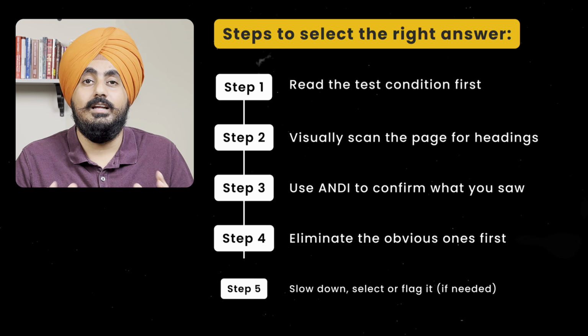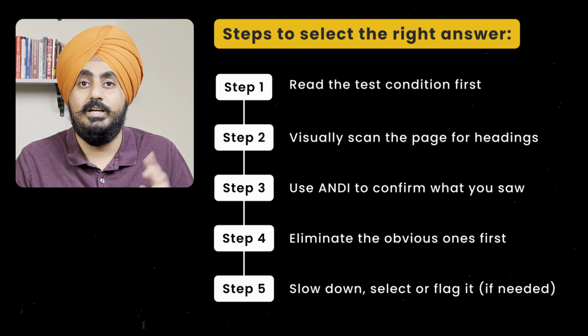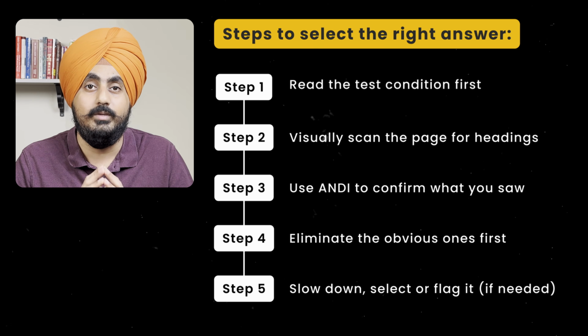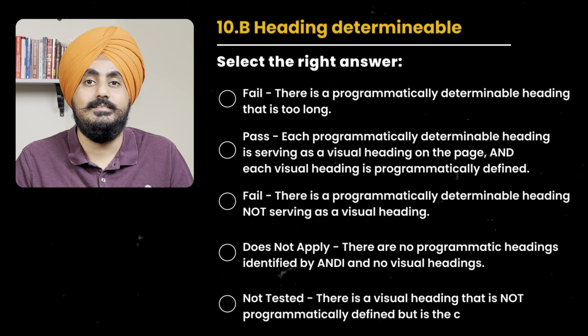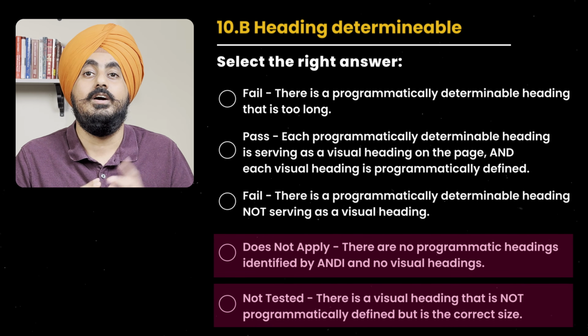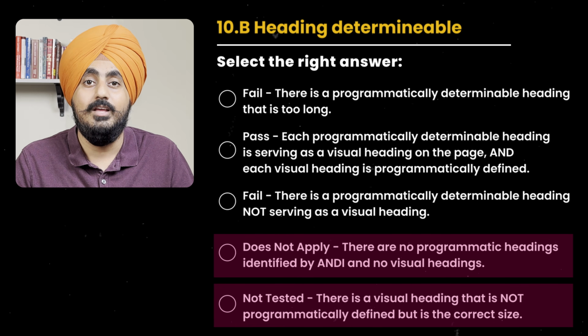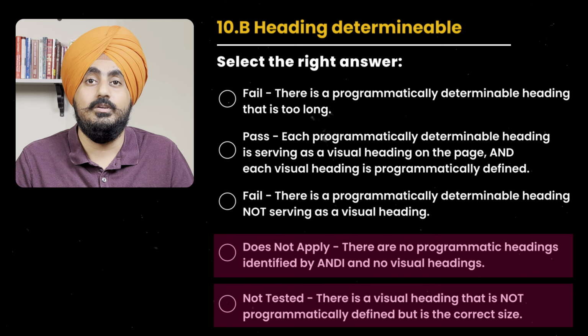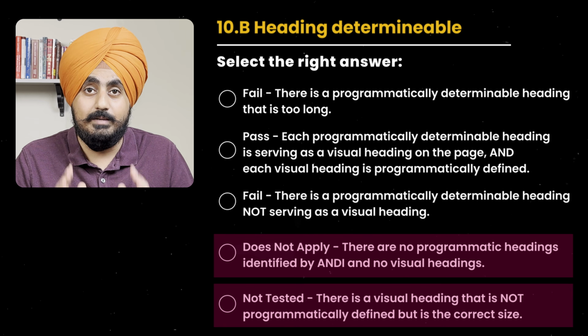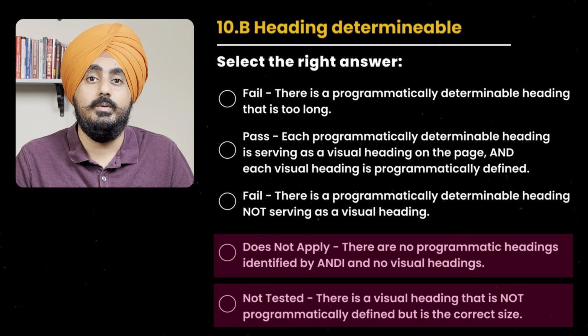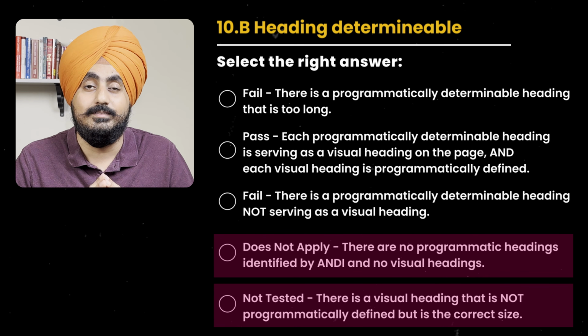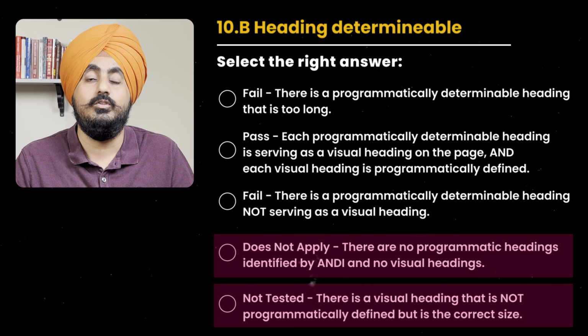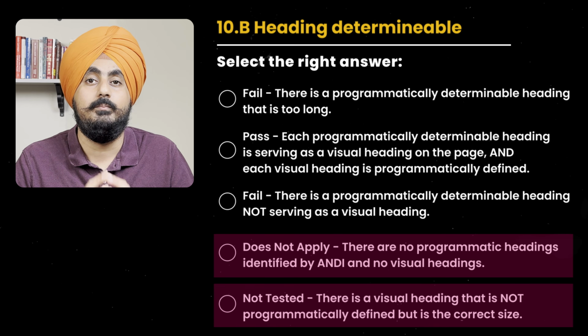And this is where I need you to slow down, when 2 options both sound right. This is where the exam gets tricky. You may see one option that says fail because Skilling, empowering you to master web accessibility is visually presented as the heading but is not programmatically defined. That matches 10b, but next to it you may see another option that says fail because account overview is too long to be a proper heading.